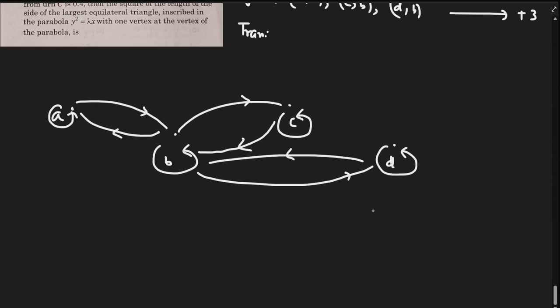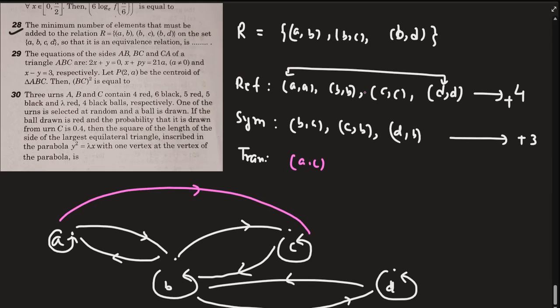Now you notice that an A to C road can be formed, because A is related to B, and at the same time B is related to C, so we must have one relation from A to C to make it transitive: A to B, B to C, A to C. If A to C is present for transitivity, then to make it symmetric, CA must be present.